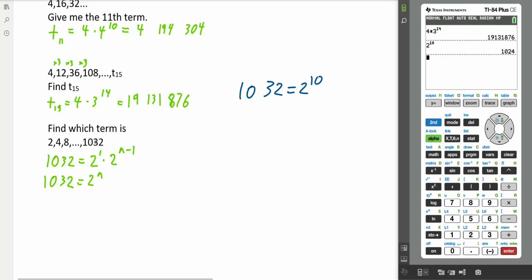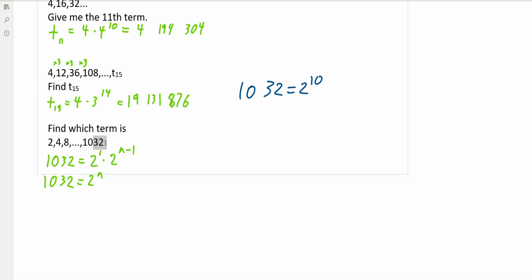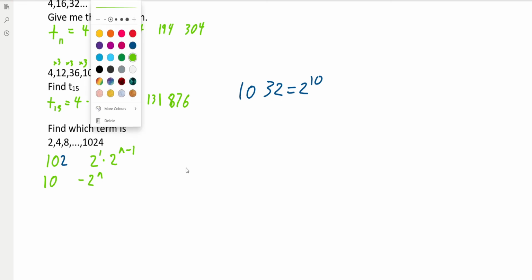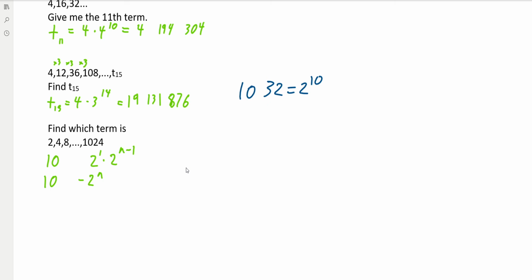Did I make a mistake there? Shouldn't be 5. Oh yeah, I made a mistake. 24, 24. Should be in the same color. All right.